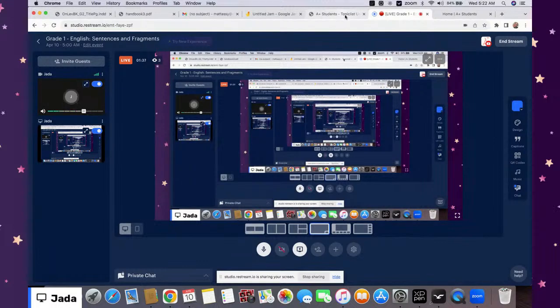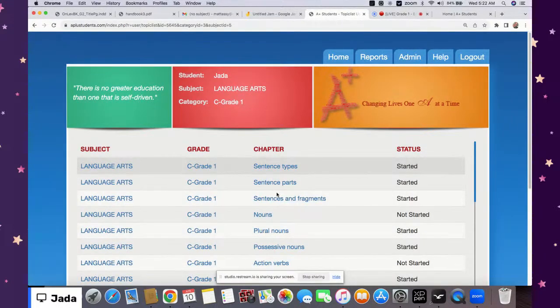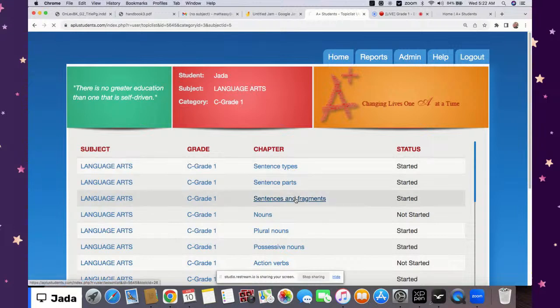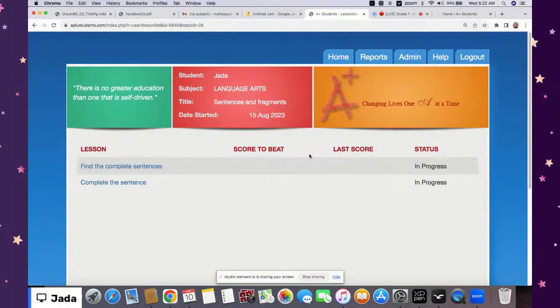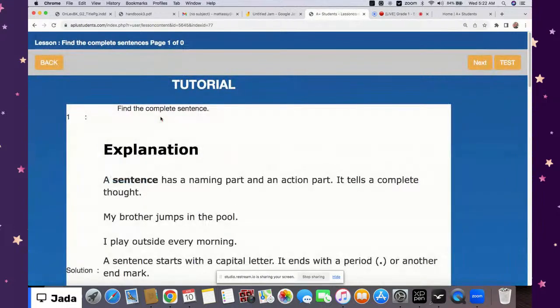So, sentence and fragments. We have the first lesson, which is find the complete sentences. Now we need to know what a sentence is, okay? A sentence has a naming part and an action part.